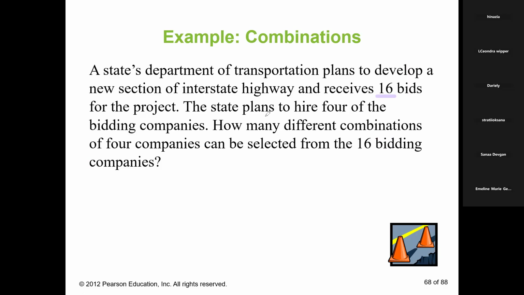The state plans to hire 4 of the bidding companies. How many different combinations? See here? So here you cannot use permutation. So here you must use combination. I'll give you 1 minute, please.